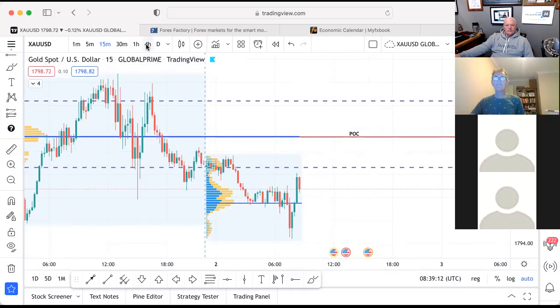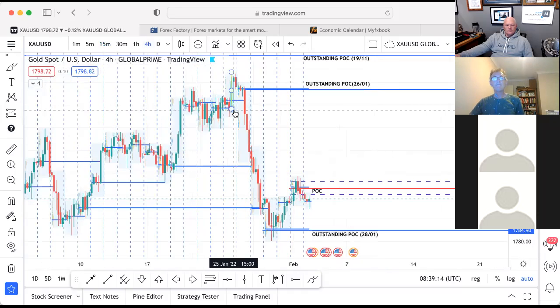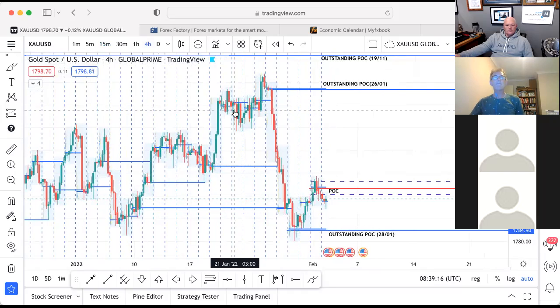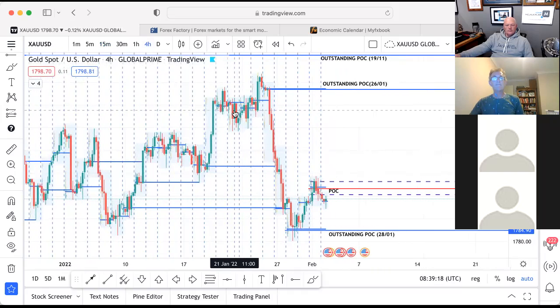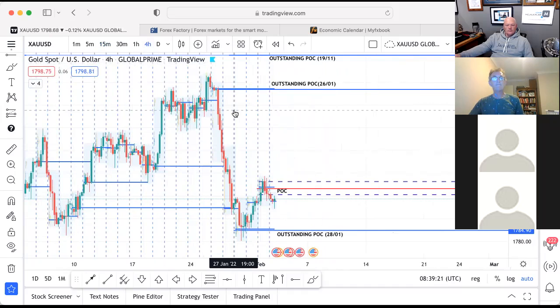Might be interesting to take a step back and see what's been happening. If we look at the 4-hour chart, I was just looking at this before I came on. You can see that in the last few days, we've had quite a steep drop in price, and then Monday, Tuesday this week, it's actually started to go back up again.